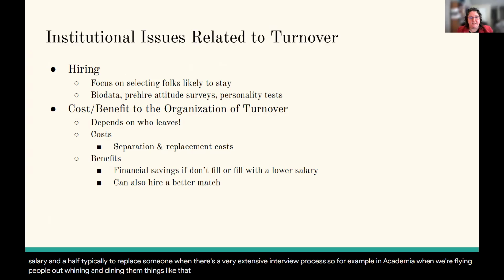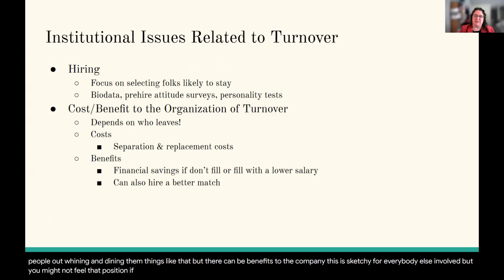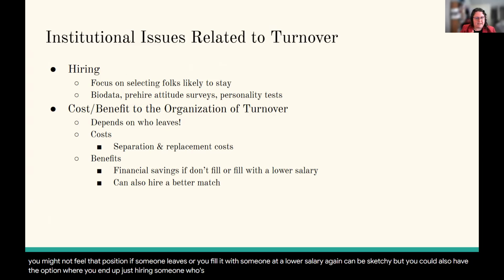But there can be benefits to the company. This is sketchy for everybody else involved, but you might not fill that position if someone leaves, or you fill it with someone at a lower salary. Again, can be sketchy. But you could also have the option where you end up just hiring someone who's a better match to the position or to your organization.